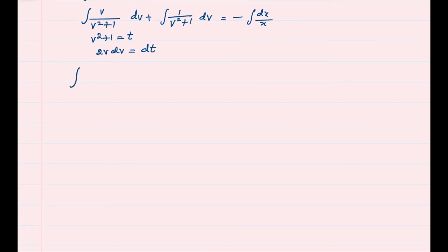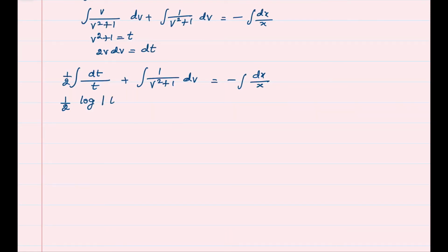Integral v dv is dt upon 2 divided by t plus integral 1 divided by v square plus 1 dv equal to minus integral dx divided by x. Half into integral of 1 by t is log of absolute value of t plus, this is tan inverse formula, tan inverse of v, and minus log of absolute value of x plus c.